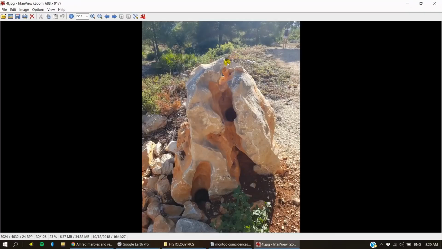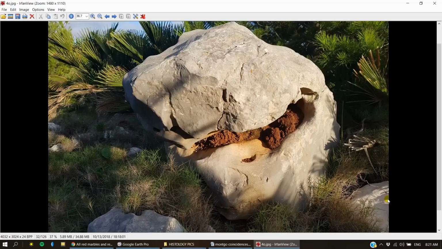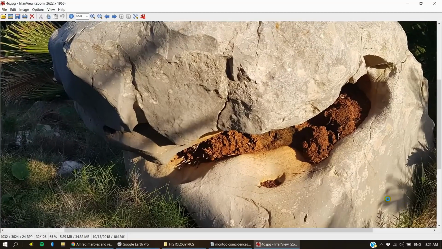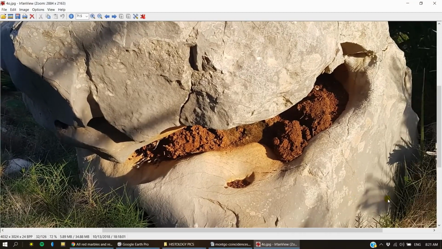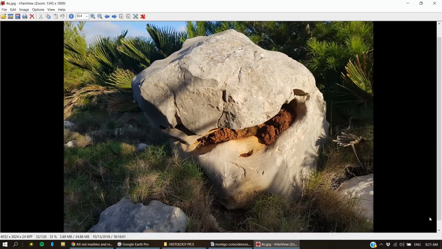Mainstream geology would be telling you that these channels are formed by water moving through and slowly eroding and creating larger and larger fissures. So all across the plateau are rocks that look like this. They're either filled with reddish earth or the earth is completely gone and you just have a nice channel there.